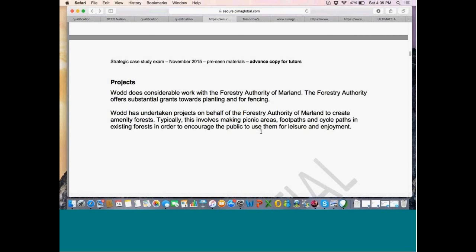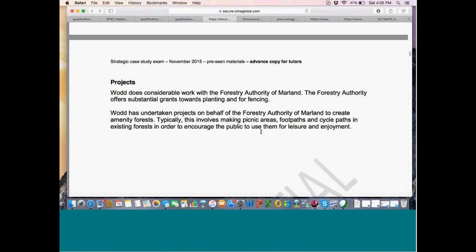So, projects. What does Wood do in considerable work with the Forestry Authority of Malund, right? And the Forestry Authority offers substantial grants towards planting and for fencing. And again, we'll have to talk about reporting here, because if there are grants being given, there has to be a considerable amount of reporting which states how they have got the return on investment.